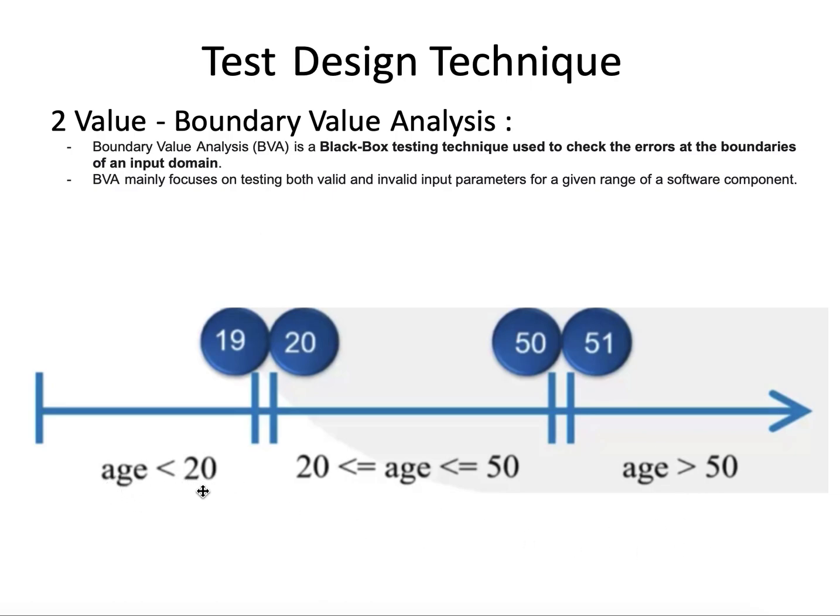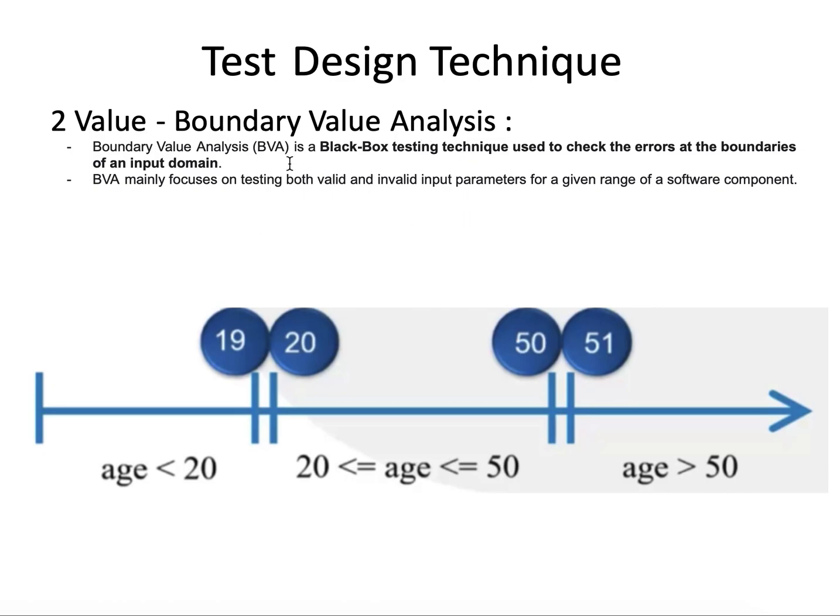Either age will be less than 20, or age will be greater than 50, or it will be between 20 to 50. There will not be any other range. Now we'll first see two value boundary value analysis, then three value boundary value analysis.